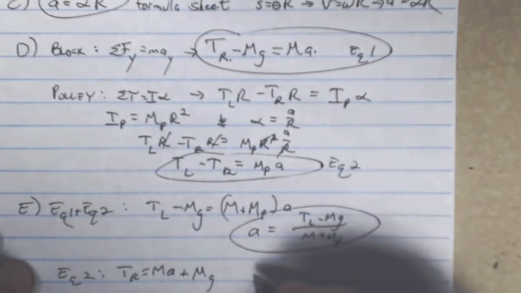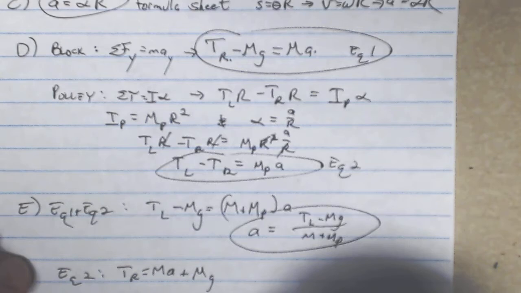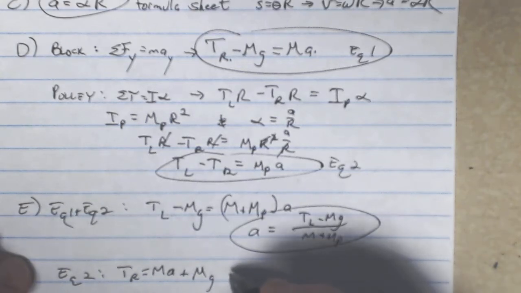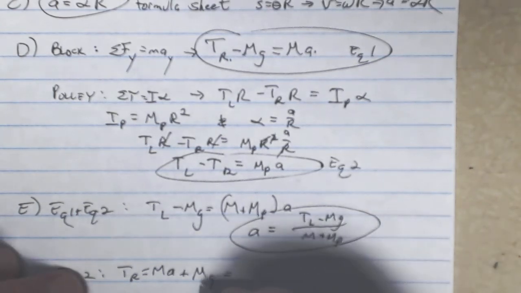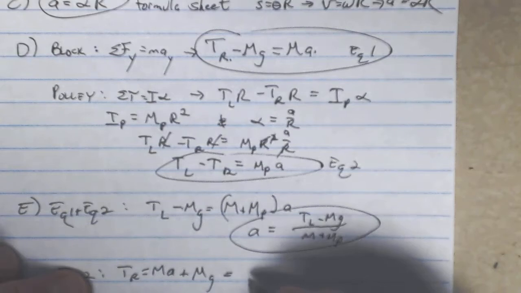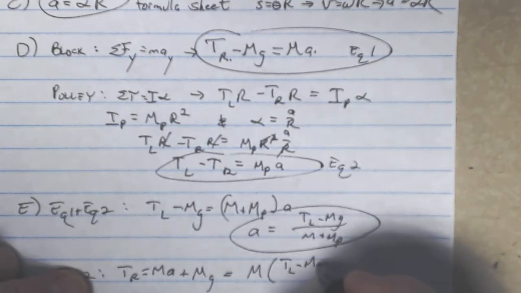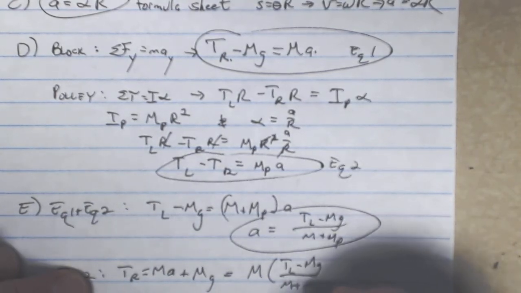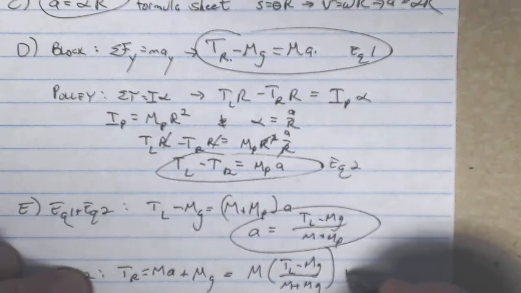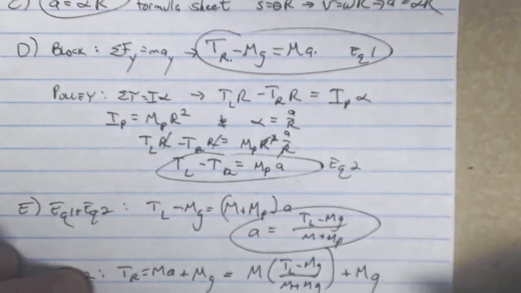And with that I can substitute in for a: TR equals m times the quantity TL minus mg, divided by m plus M_P, plus mg.